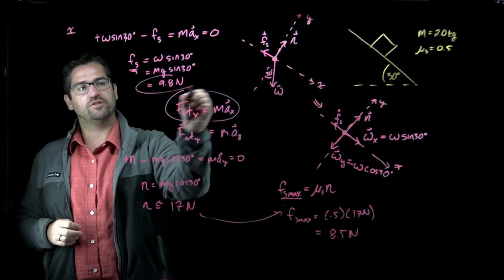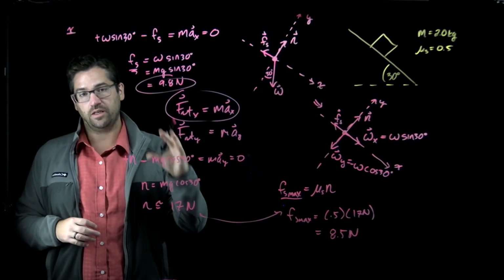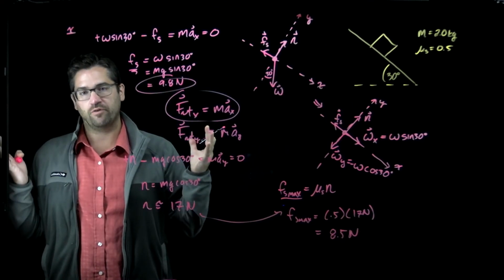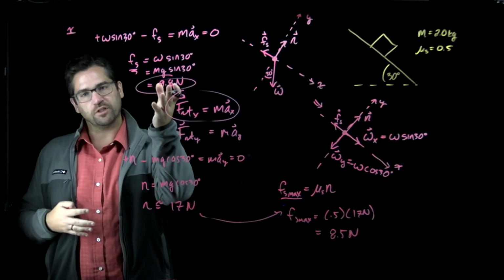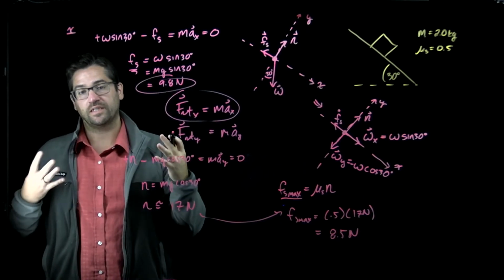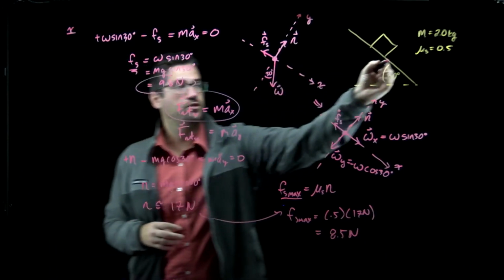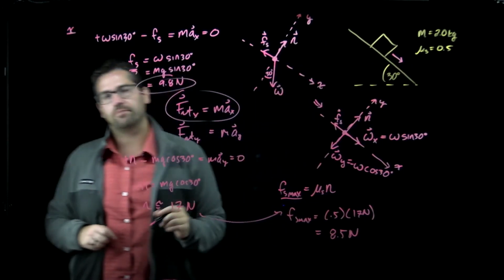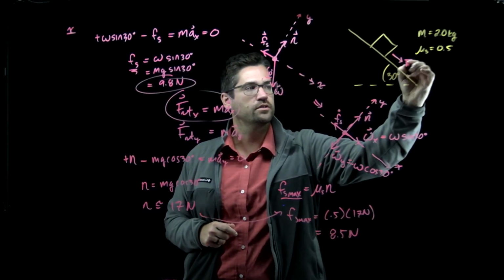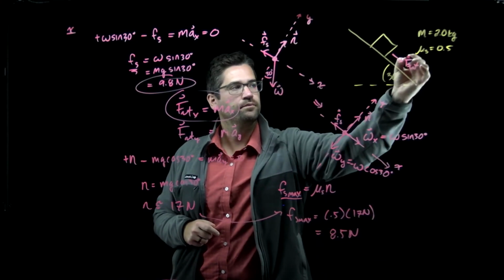We look at how much is required for this to stay in equilibrium, and we immediately recognize there's too much force required for this to stay in equilibrium. This block is going to accelerate down the ramp, right? There's going to be a net force down the ramp.